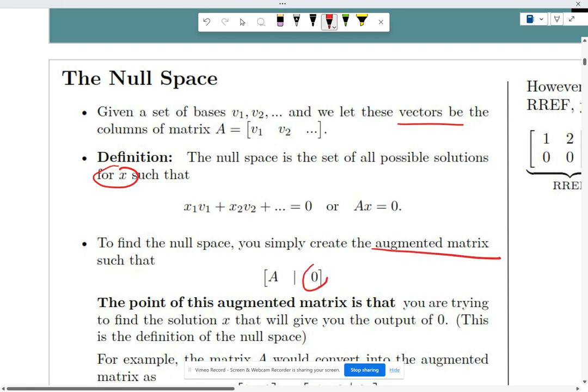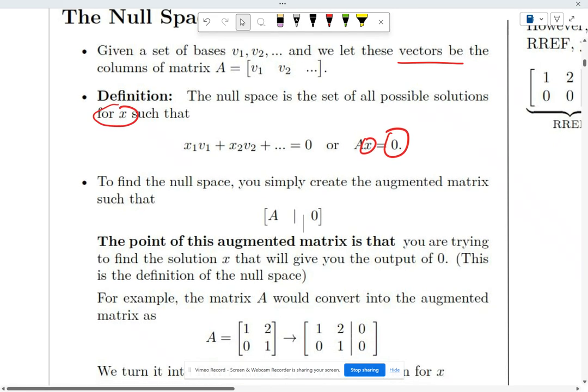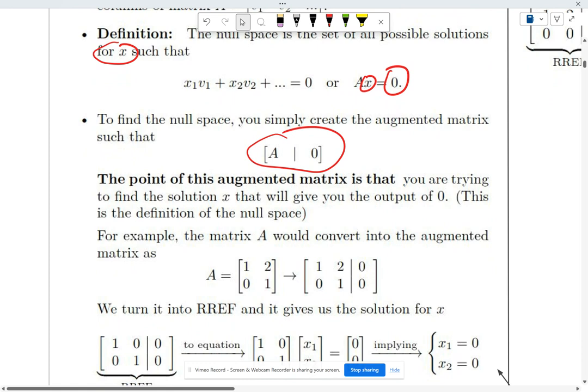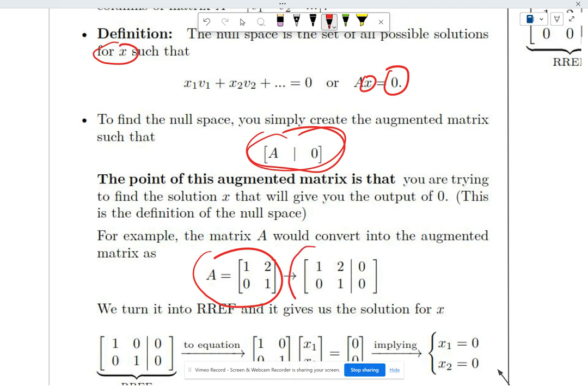To find the null space, you create an augmented matrix with 0 as the solution. Here's the matrix, and you want to see what x will give you 0, so you just put the 0 as the target. Once you've done that, you solve it for the reduced row echelon form, the REF. If A is this, you put it in the augmented matrix where 0 is the label.